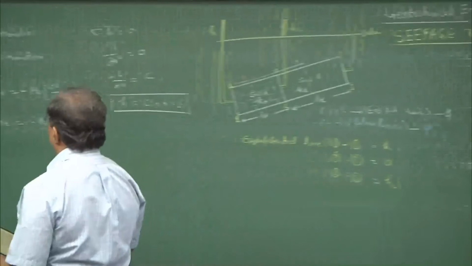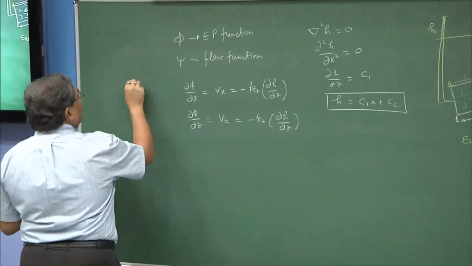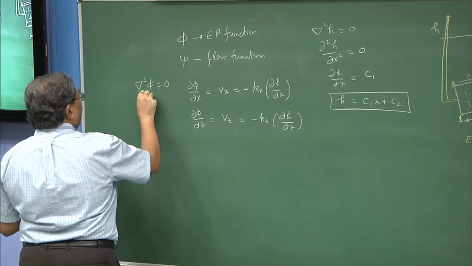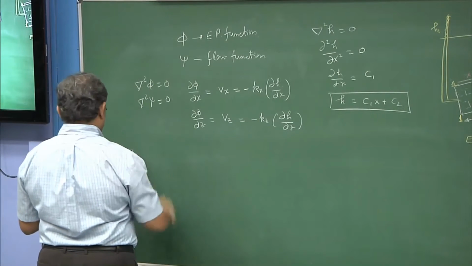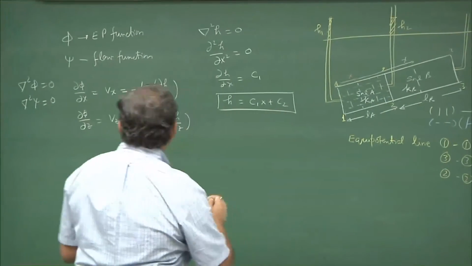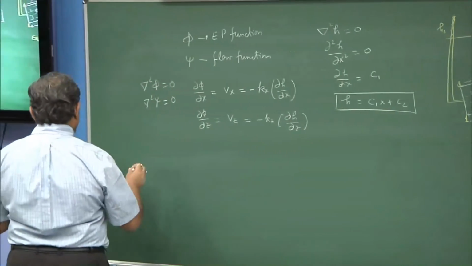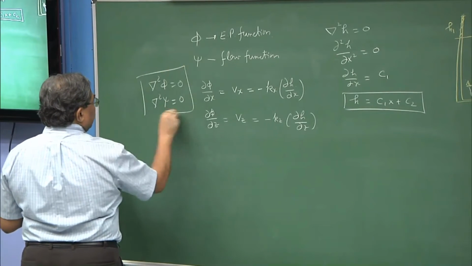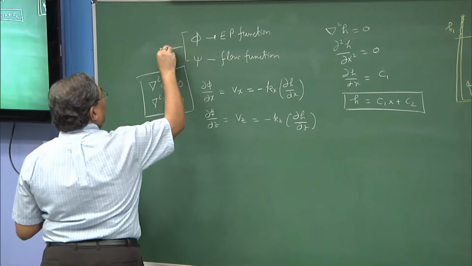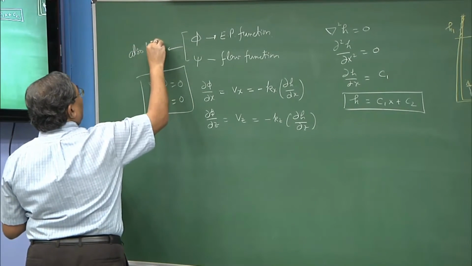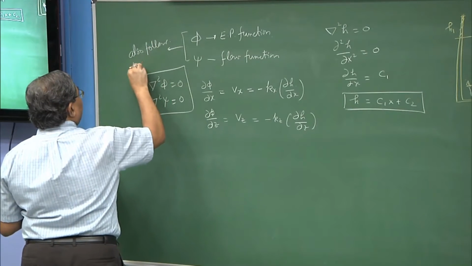I can show that del square phi is equal to 0 and del square psi equal to 0. Now, what this indicates is that the functions phi and psi also follow the Laplace equation.